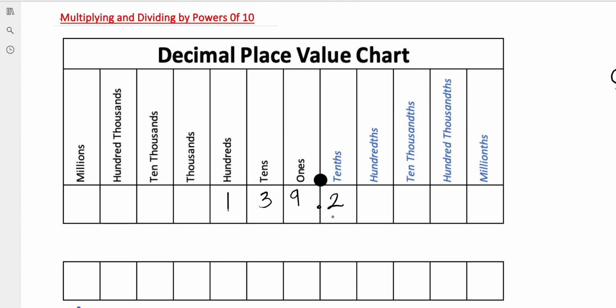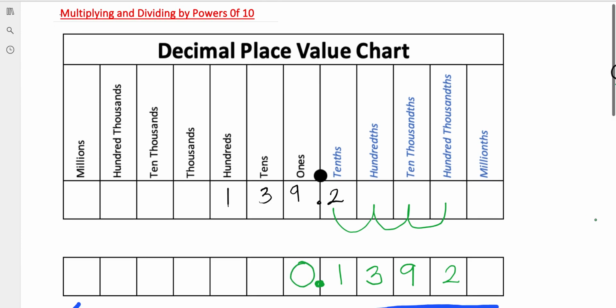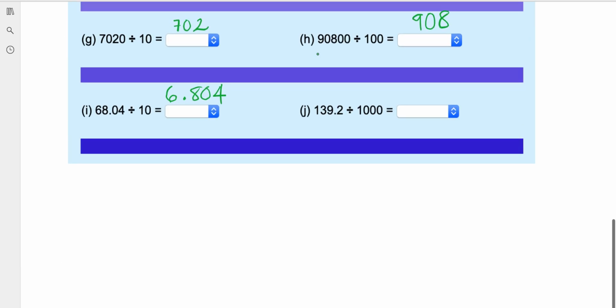How many times? 3 times, because it's divided by 1,000. So it's going to be 1, 2, 3. So 2, 9, 3, 1. And be careful here. Can I write it just like that? No, I need my decimal point, because all of them are in the decimals place value, and therefore I also need my 0. So that's going to be my answer.